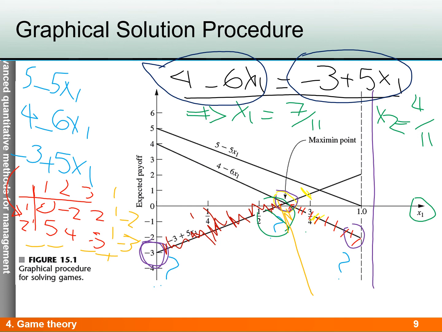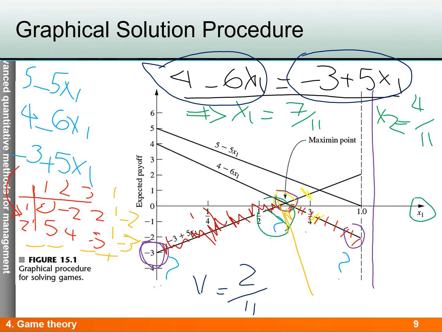If I put x1 equal to 7 divided by 11 in each of these items, the value of the game will be 2 divided by 11. This is the value of this game.